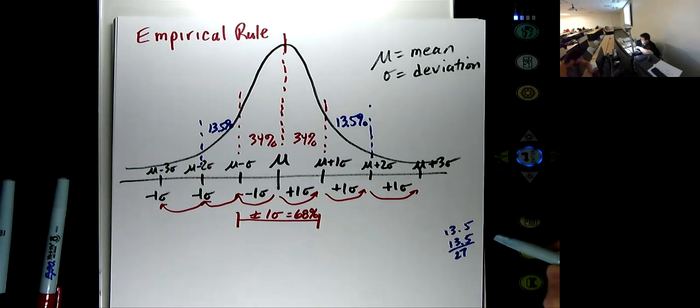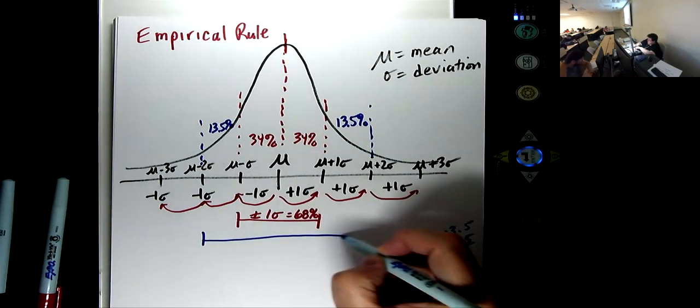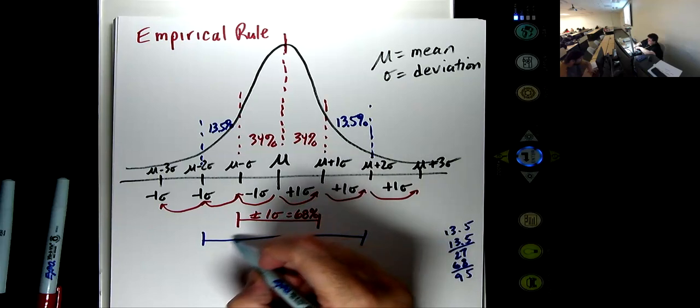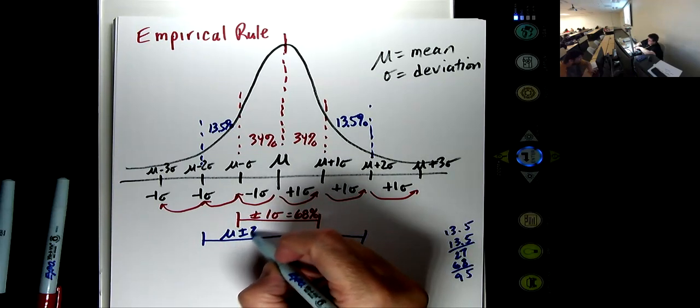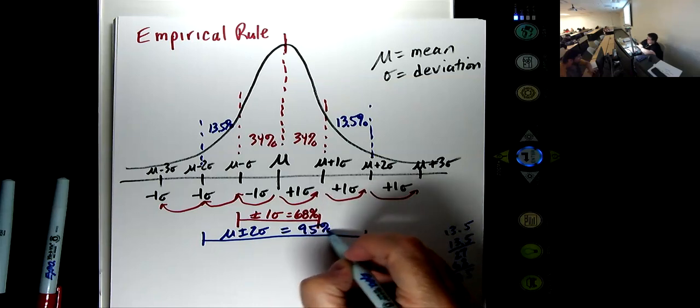And if I add 27 to the 68, I get 95. Mu plus or minus 2 deviations captures 95% of the data.